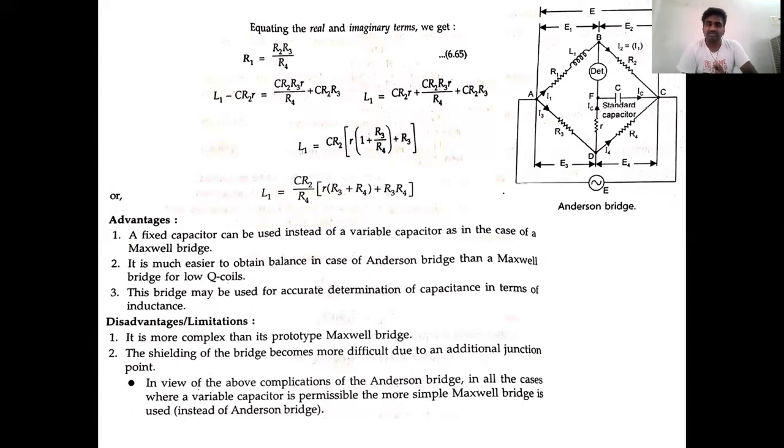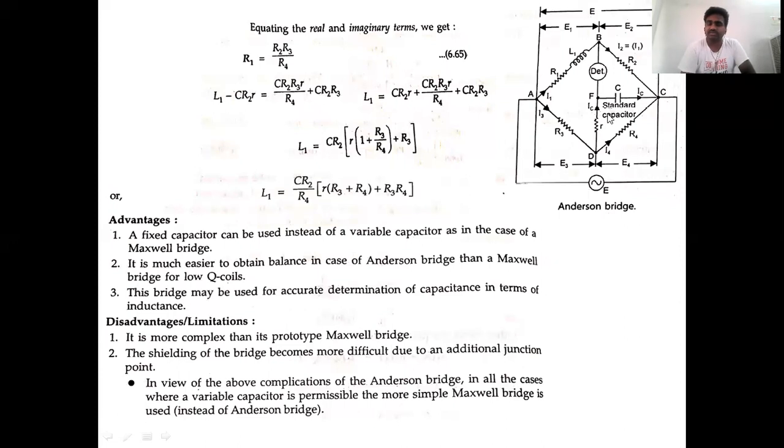So this makes the bridge operate at low quality factors and high quality factors, that increases the range of Anderson's bridge. In the first point we already said Anderson's bridge operates at wider ranges. What makes Anderson's bridge operate over a wider range is the usage of this particular standard capacitor or variable capacitor. And the bridge can be used for accurate determination of capacitance in terms of inductance.